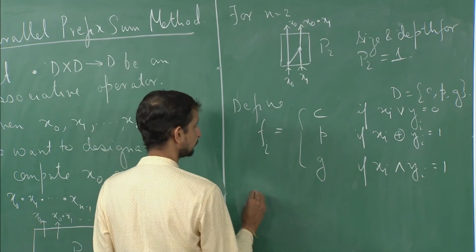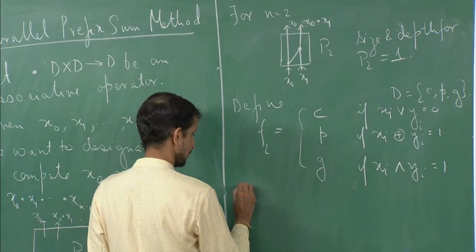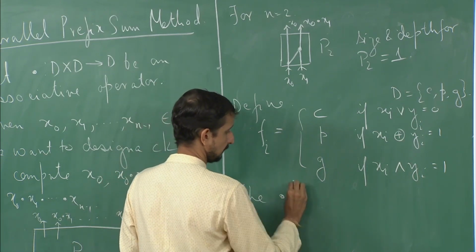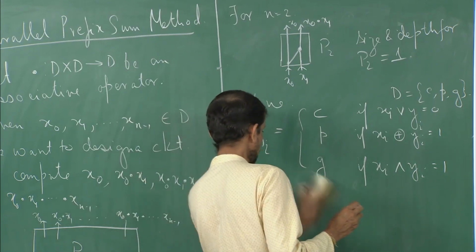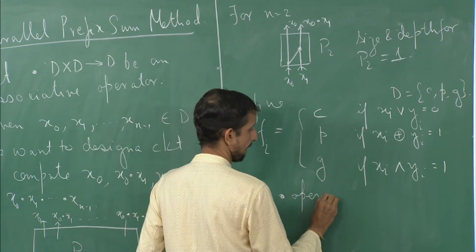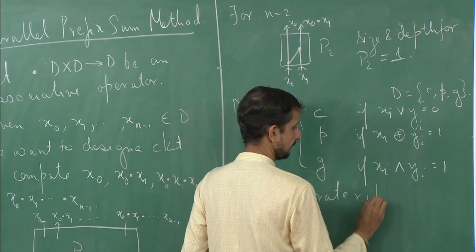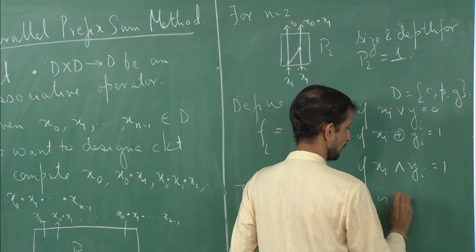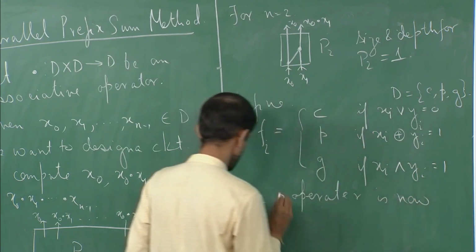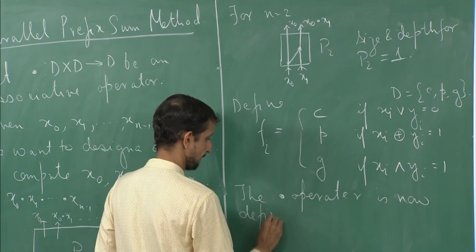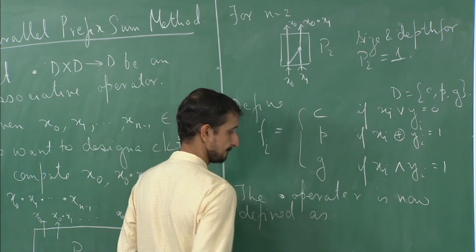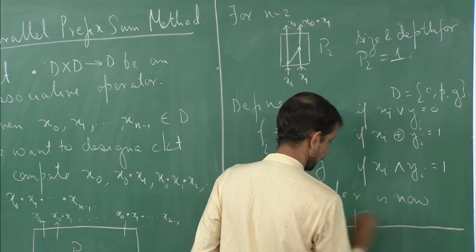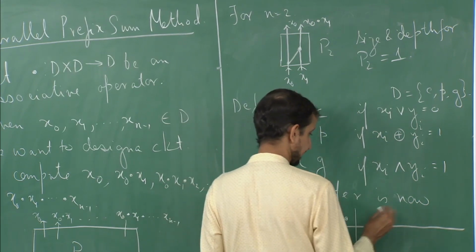The dot operator is now defined as follows. We will have a 3 cross 3 table.